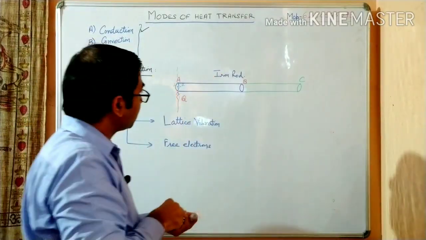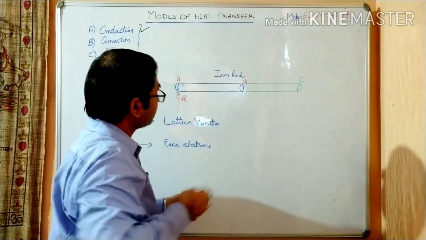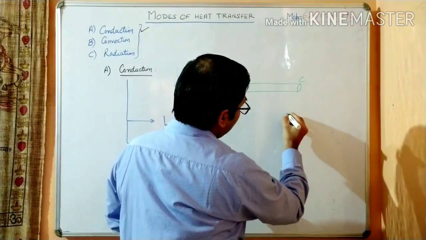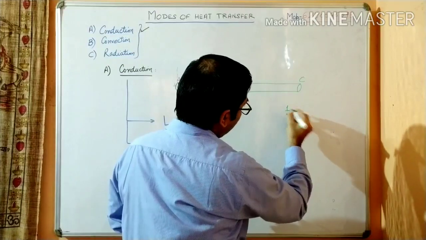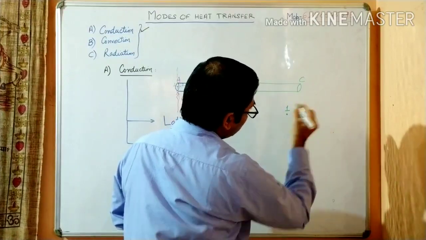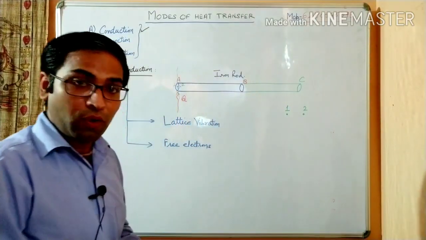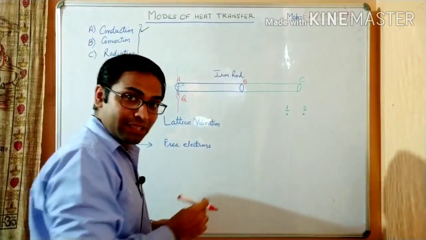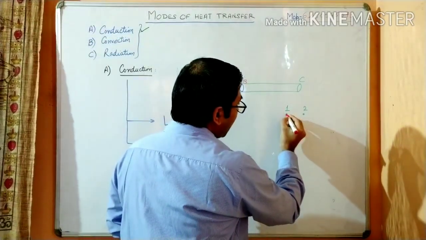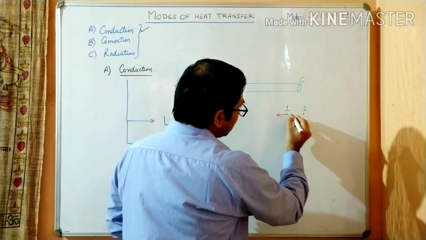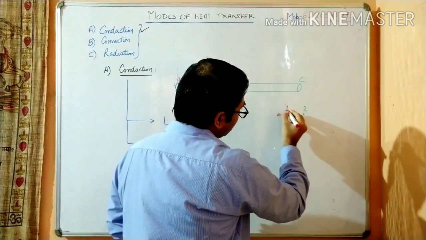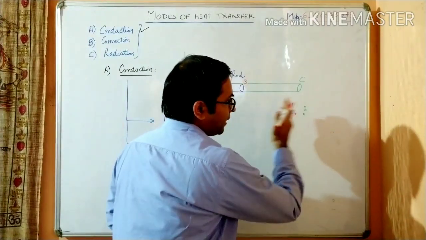So this way. This is molecule 1, this is molecule 2. Now what happens with molecule 1? When it accepts the heat, it starts vibrating about its mean position. This is the mean position. It starts vibrating like this.